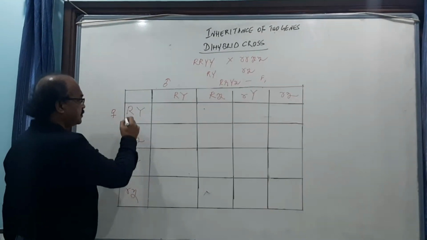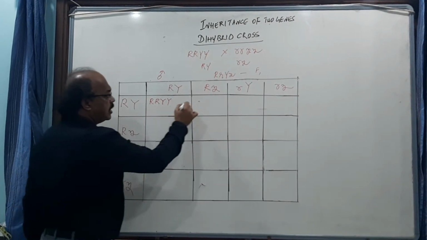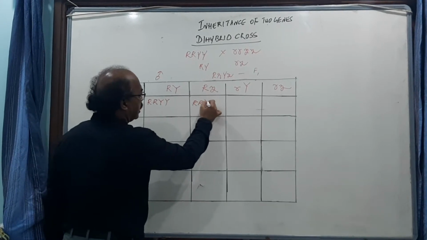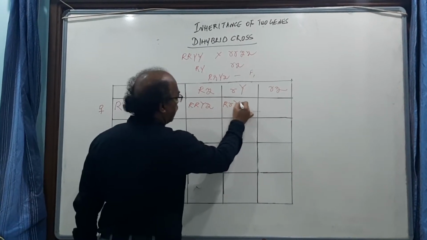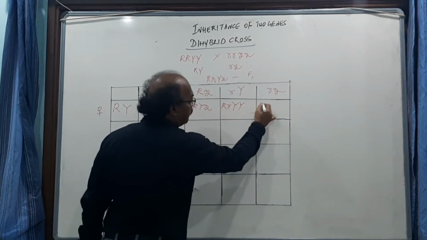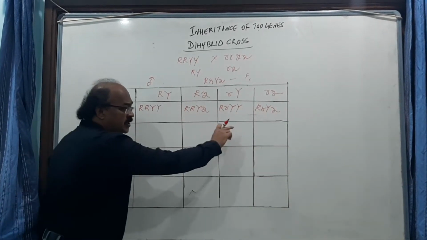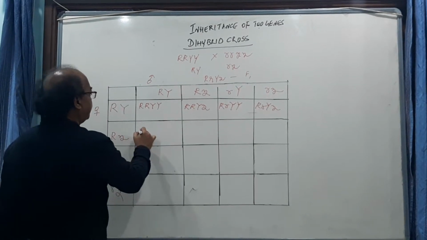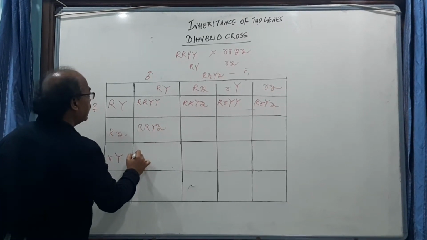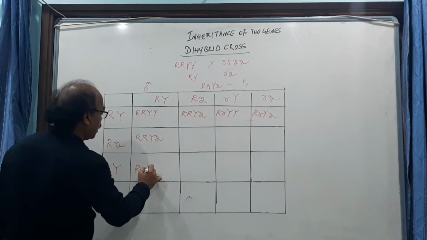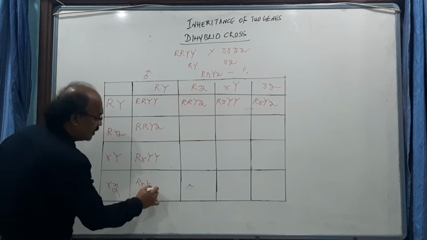Now you see capital R, capital Y, capital R, capital Y, small y, capital R, small r, capital Y, small y. Now you see the combinations continuing.